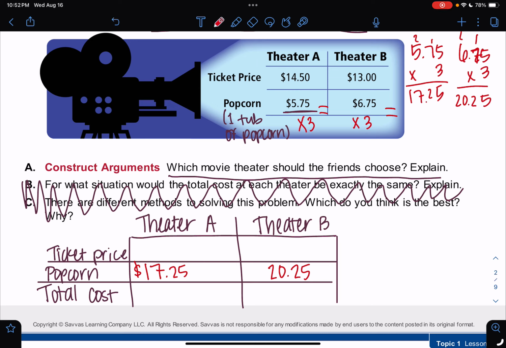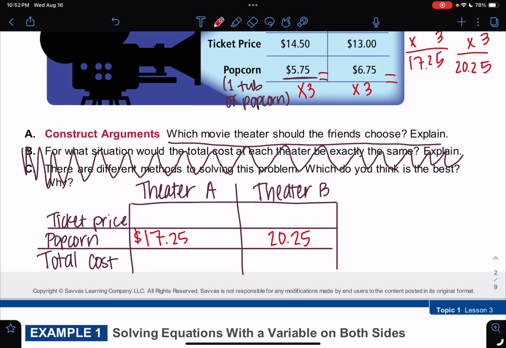So we know for a fact what the popcorn is going to cost at both theaters. But I can't find the total cost of either theater unless I know how many people are coming to the movie meetup. So that's something we're going to have to assume.